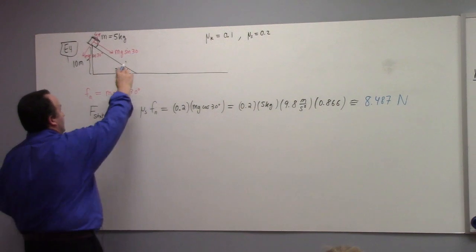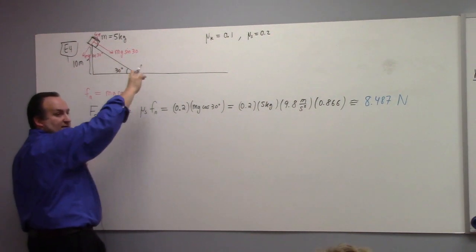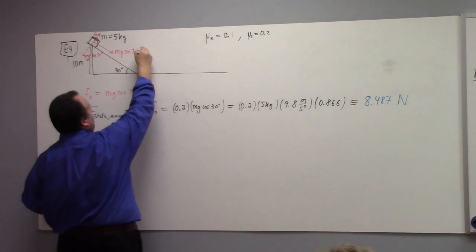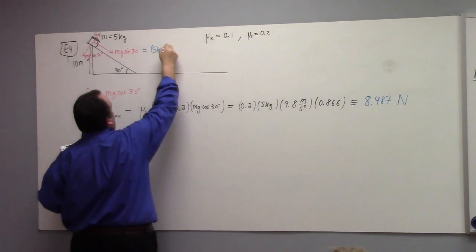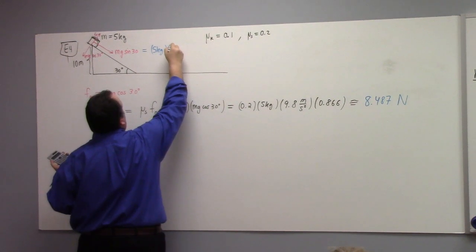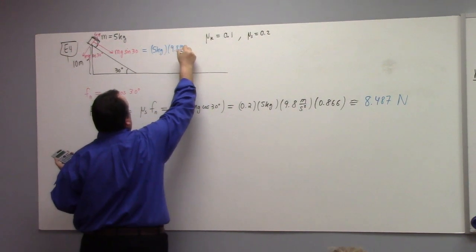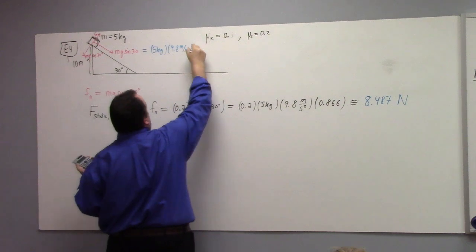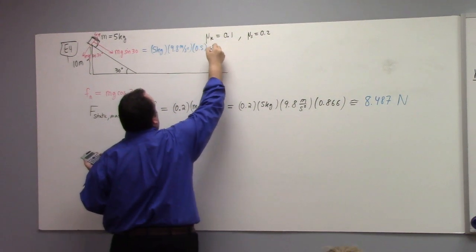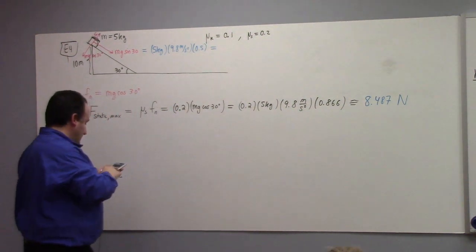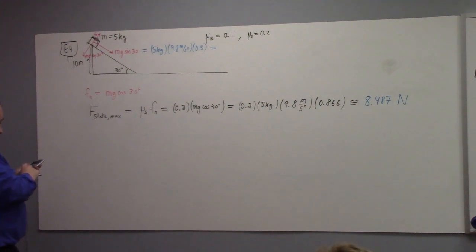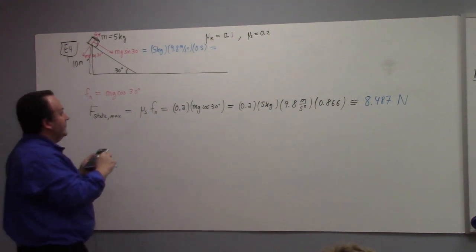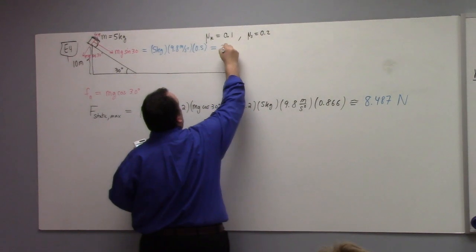This right here is the force pulling the box down the plane. So what's this equal to? You've got 5 kilograms times 9.8 meters per second squared times sine of 30, which is a half. So the parallel component of gravity in this case is 24.5 newtons.